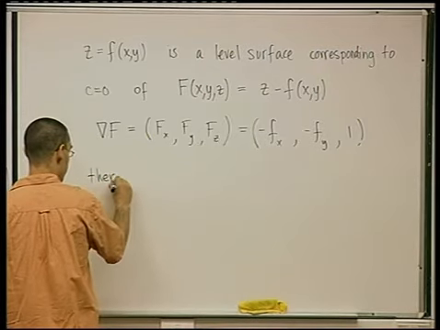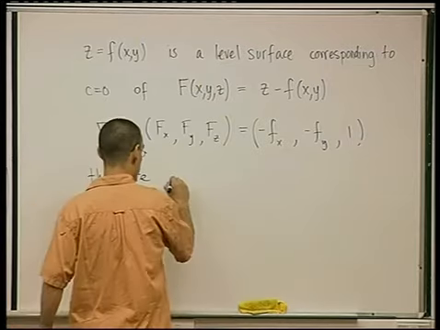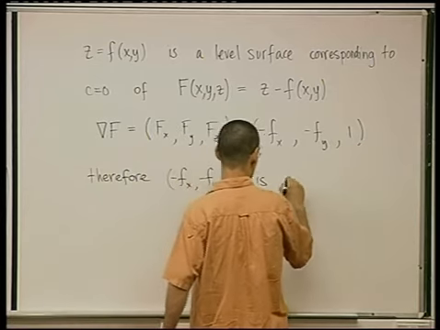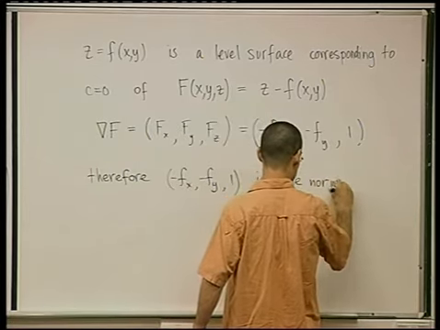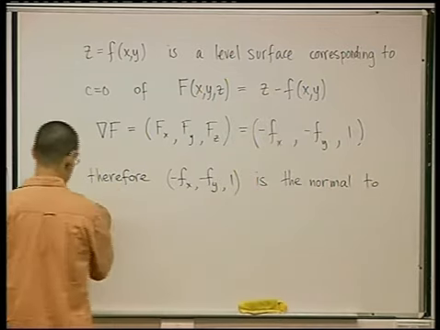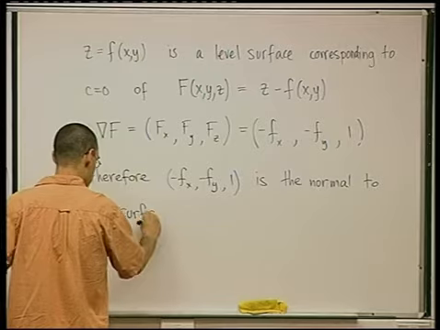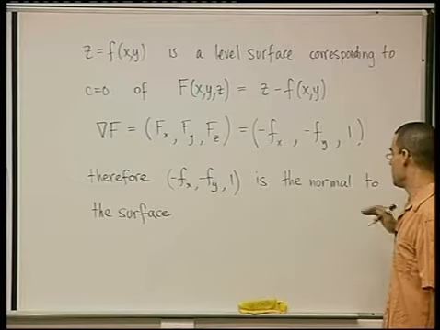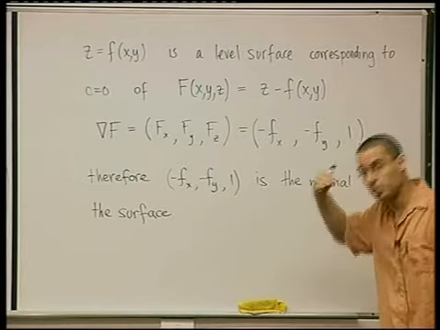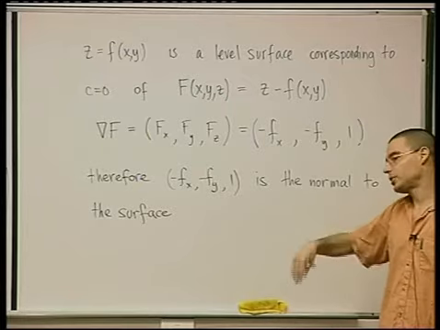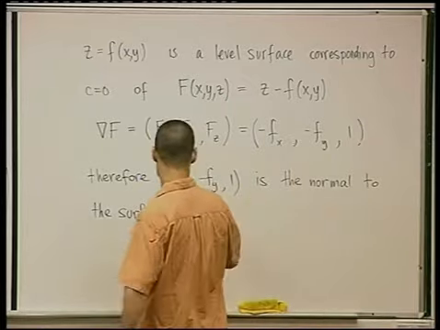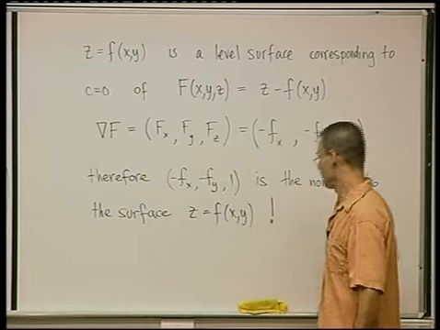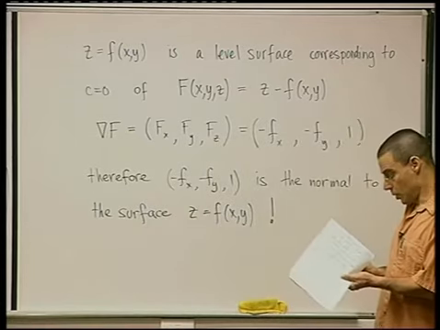Therefore, minus f_x, minus f_y, 1 is the normal to the surface. This is a bit loose. This is loosely speaking, okay? Because it's actually the normal to the tangent plane to the surface at the point. But I'm just saying the normal to the surface, z equals f of x, y. Clear? Okay.